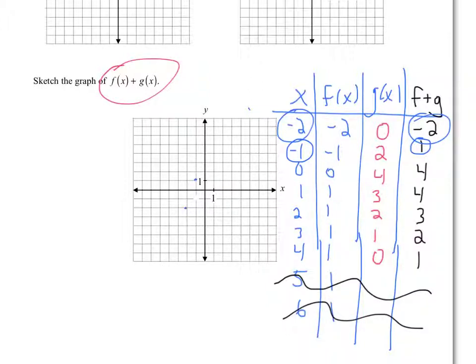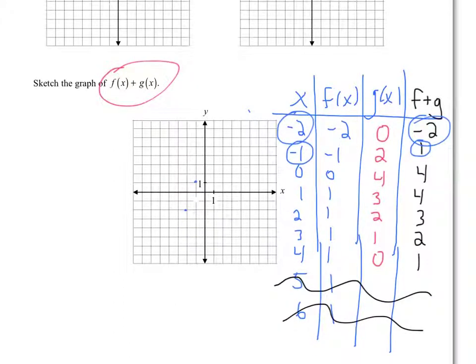Our third point is 0, 4. So we're going 0 all the way up to 4, 1, 2, 3, 4. So approximately right here. Then we're at 1, 4.